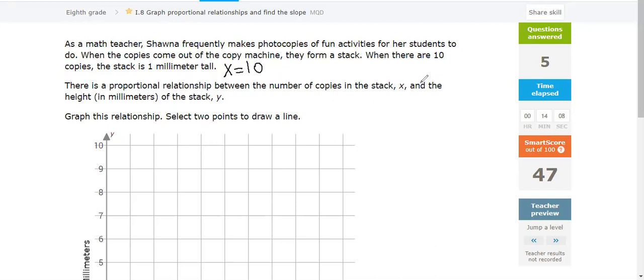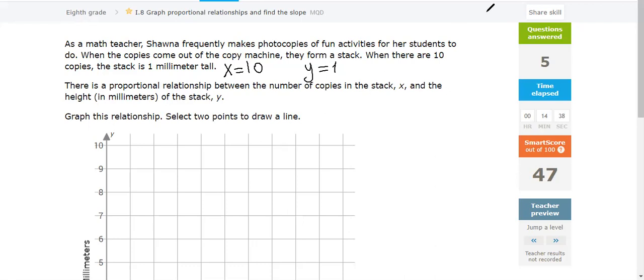And the height of the stack, what is the height of the stack here? It is Y, and it is 1 millimeter tall. Y is equal to 1 because it says the stack is 1 millimeter tall. There are 10 copies. X is equal to 10 because X is the number of copies.